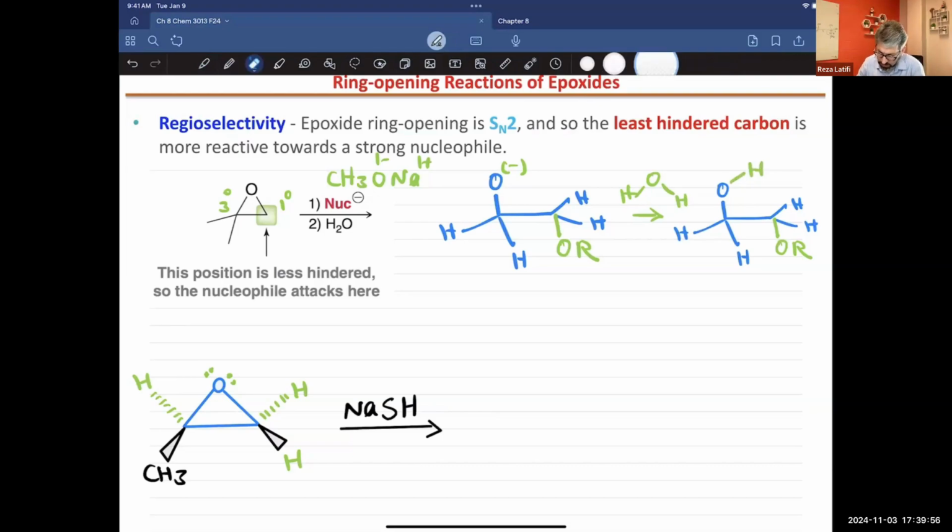Forgive me, I need to say this one is methyl, it's not hydrogen. So I have CH3 here, CH3. As you see, the alcohol showed up on the carbon with more substituents, because the attack always happens on the carbon with fewer substituents.